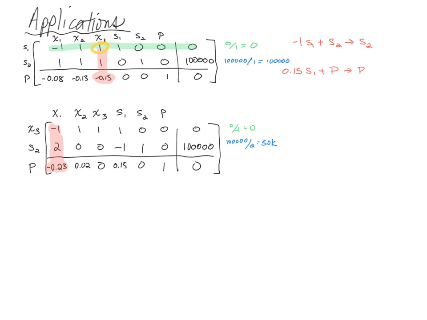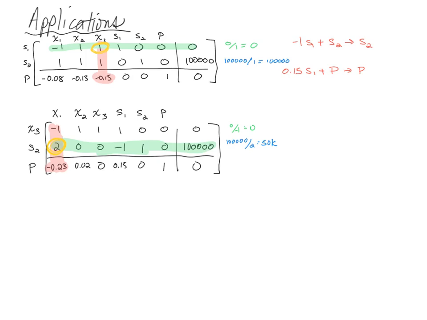So the pivot row automatically becomes the second row here. So we will have to use the second row for a pivot row, the first column in this case for a pivot column, which means 2 will be the pivot.